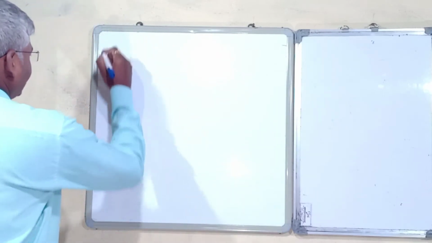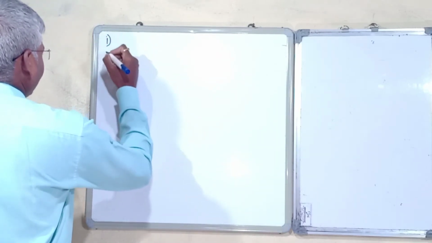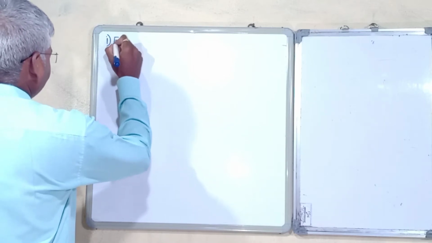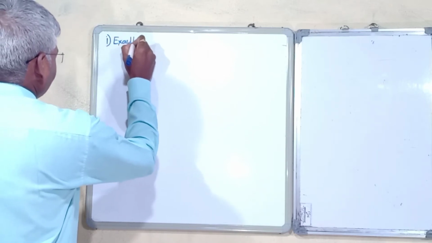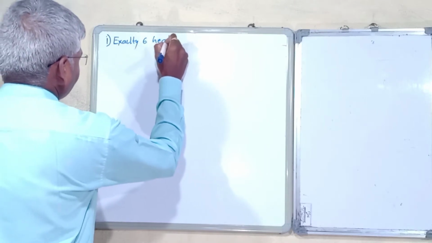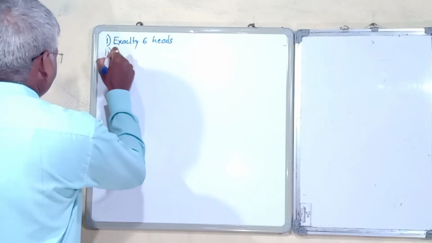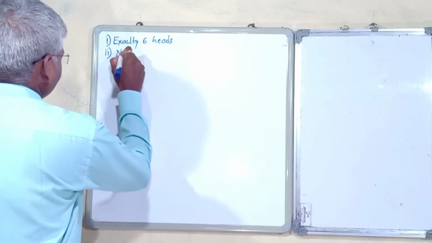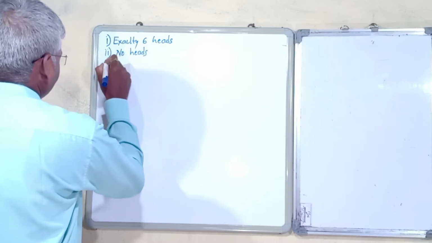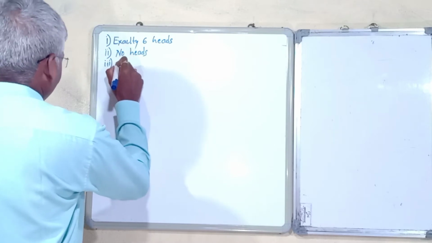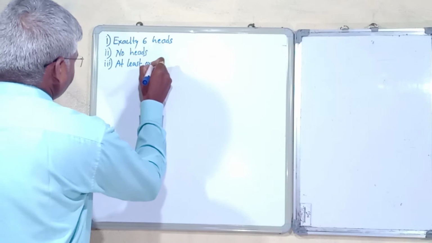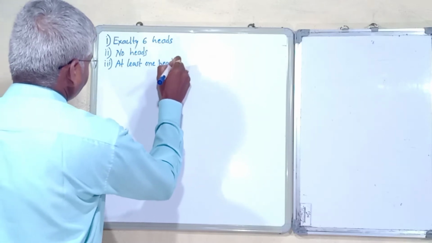They asked three probabilities, that is exactly 6 heads, and second one is no heads, and third one is at least 1 head.